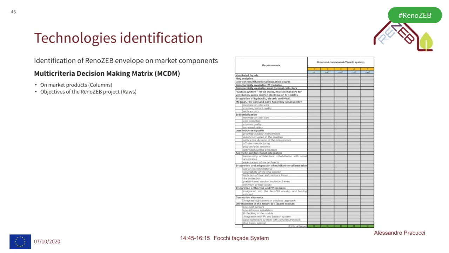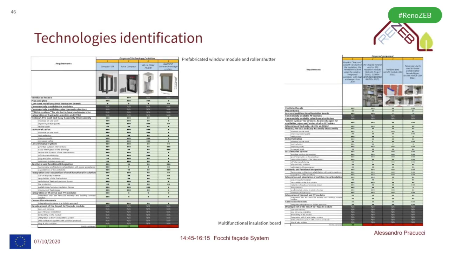The utilization of this matrix has been useful to address the next phase. So we have classified all the different technologies that we expected to include and integrate in the facade module, and we have applied this matrix to all technologies: prefabricated windows, module, and roller shutter, as well as a multifunction insulation board.